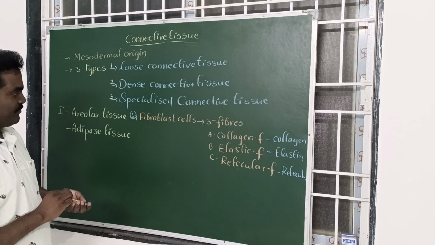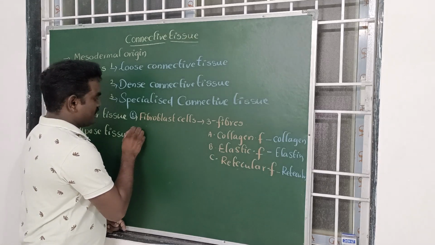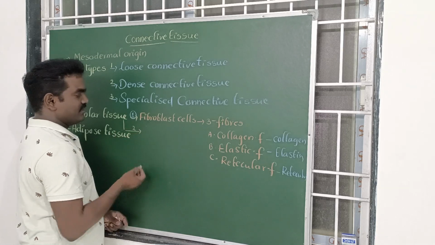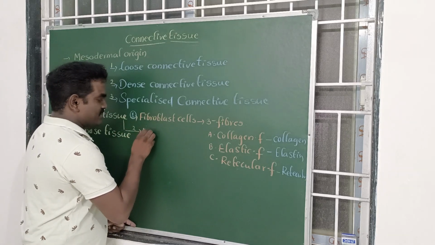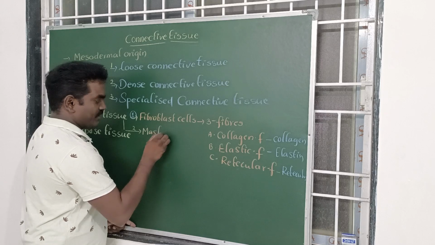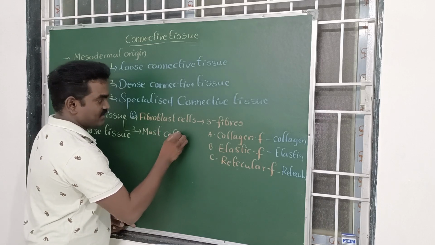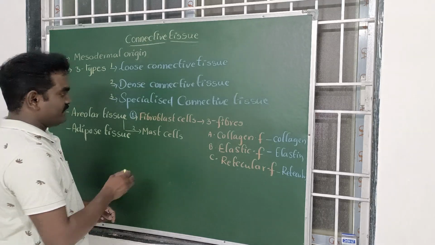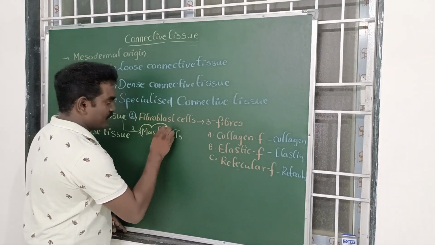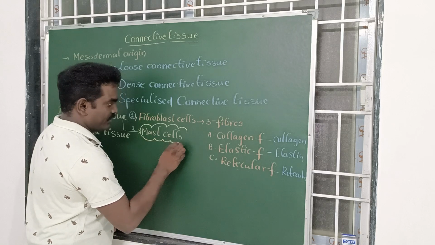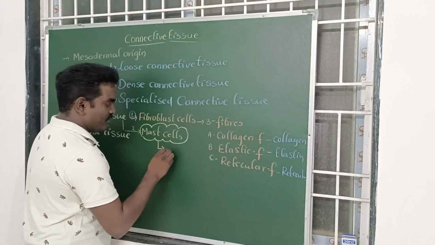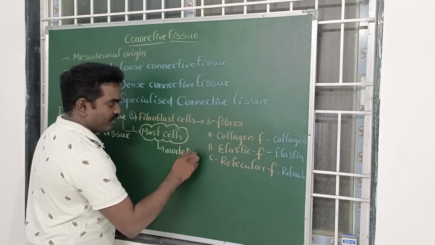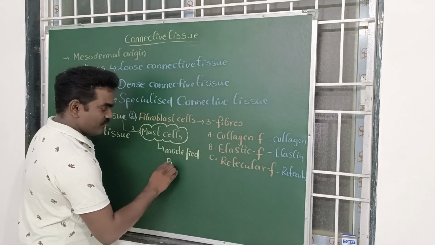The second type of cell of areolar tissue is the mast cell. What are these mast cells? These mast cells are modified basophils.